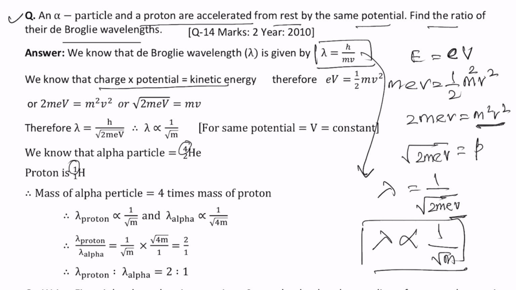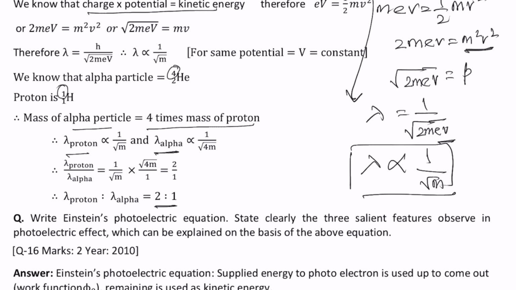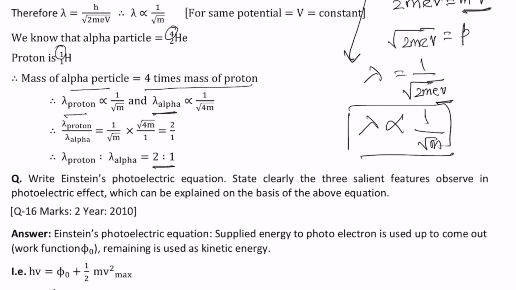So the mass of the alpha particle is 4 times the mass of the proton. If lambda of proton is 1 by root m, then the wavelength of alpha is 1 by root over 4m. So the ratio is root over 4 by 1, so 2 is to 1. This is the answer. You can take the screenshot.